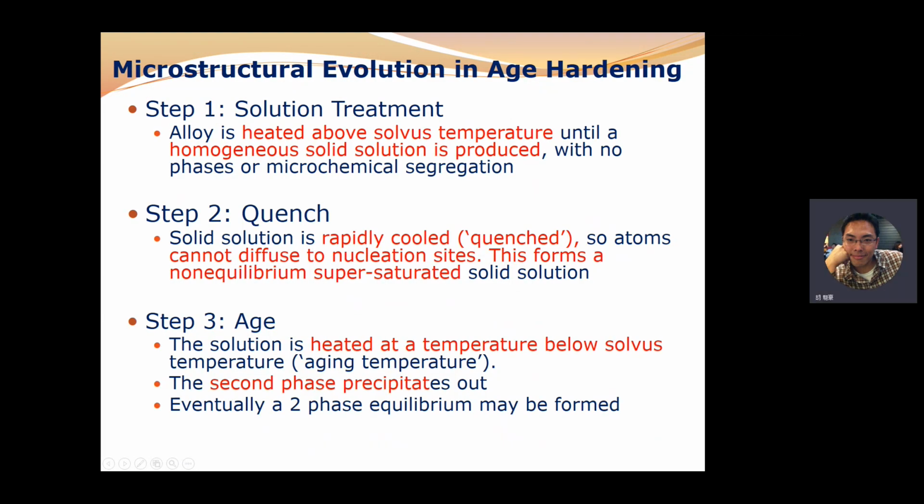Okay, so the microstructural evolution in age hardening. Step 1 is solution treatment. The alloy is heated above the solvus temperature until a homogeneous solid solution is produced, with no second phases or microchemical segregation. That means point 1 in the previous phase diagram, right?